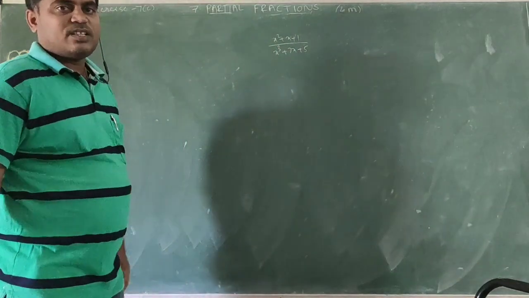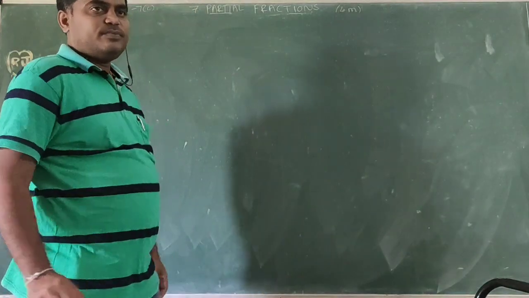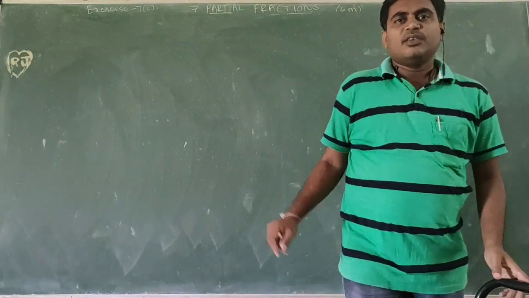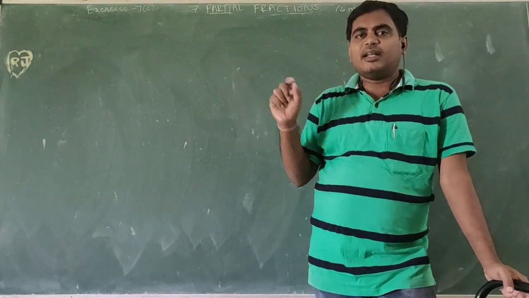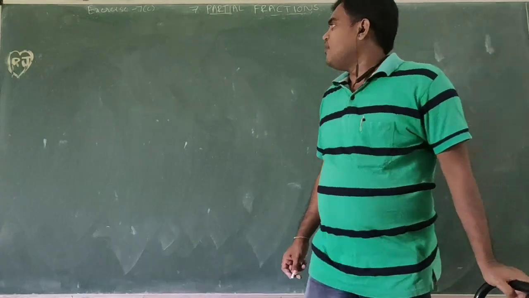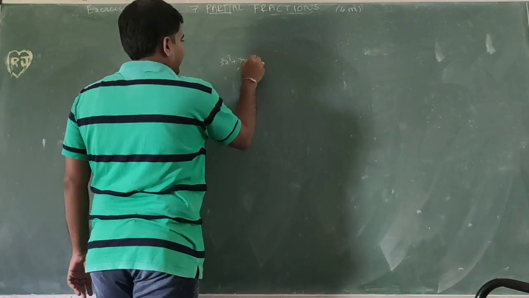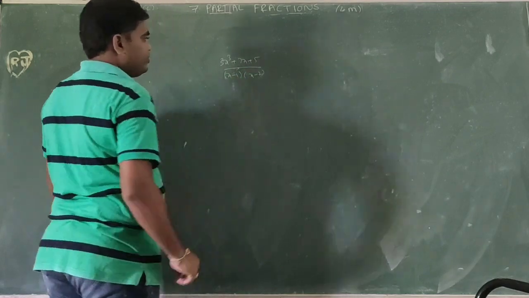Now, what is an improper fraction? For an improper fraction, either the degree of the numerator is bigger than the degree of the denominator, or the degrees of the numerator and denominator are equal. For example, 3x cube plus 7x plus 5 by x minus 1 into x minus 2.